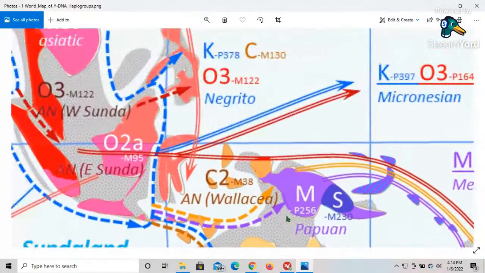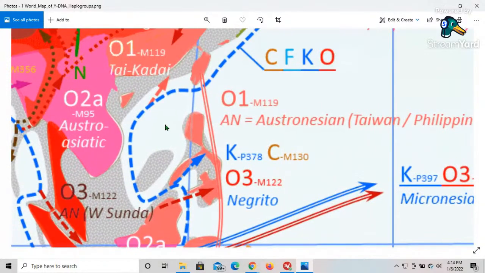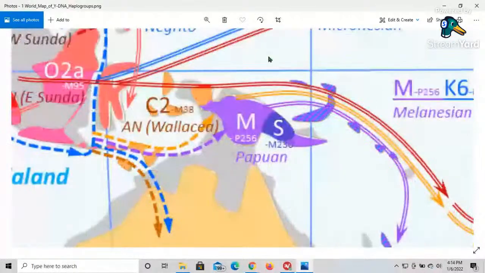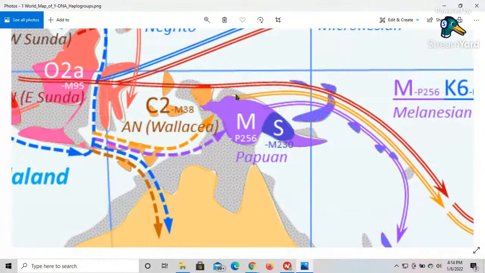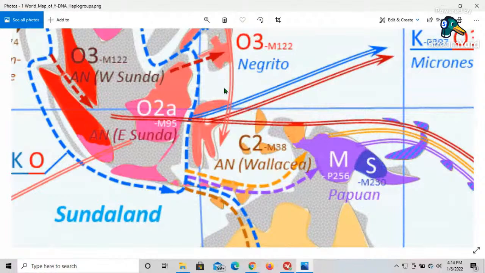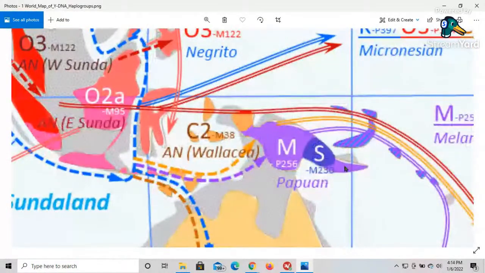Even though they were separated a long time ago and they have a lot of genetic distance between them, they're still probably the same family. And because these would be the only populations that aren't identified if they don't belong to the K lineage, and since they're so close together, it's kind of hard to claim, even though they are separated way back a long time ago.